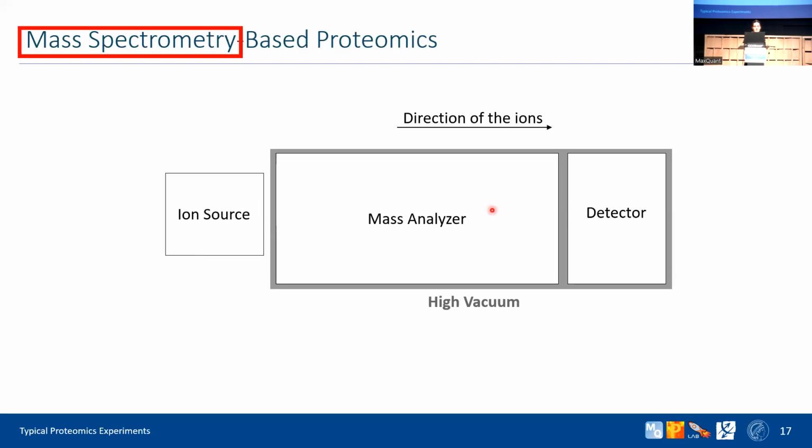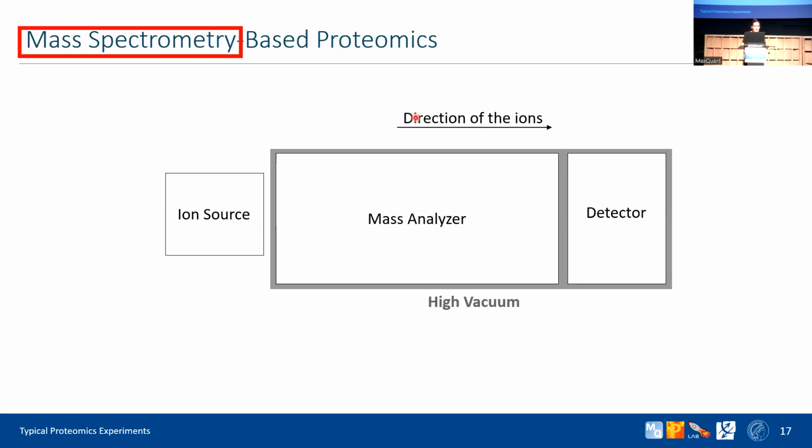For now, let's focus on the fact that the mass analyzer can discriminate your analytes based on the mass to charge ratio. And then, of course, you have to have a detector to tell you what you actually count at any specific time. So you count how many ions you have at any specific retention time, and the detector is the one that will give you the mass spectra at the end.